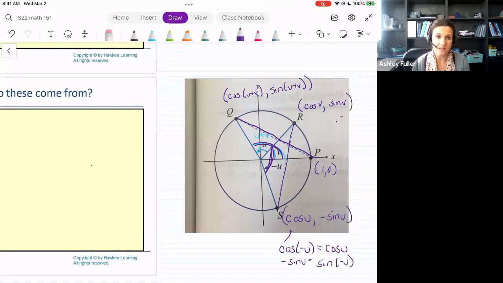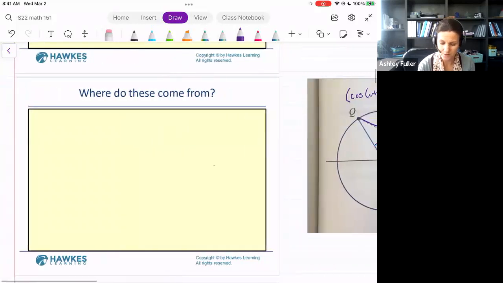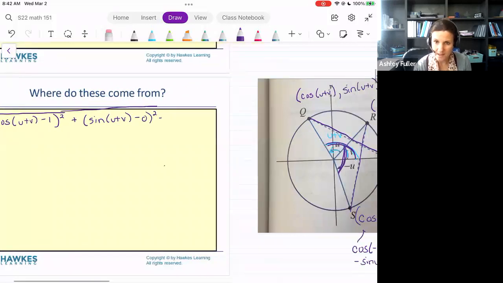Now, using our distance formula, and if you don't remember the distance formula, you can go back and check that out, we can calculate that the square root of the cosine of u plus v minus 1 squared plus the sine of u plus v minus 0 squared is going to equal the square root of the cosine of v minus the cosine of u squared plus the sine of v plus the sine of u squared.